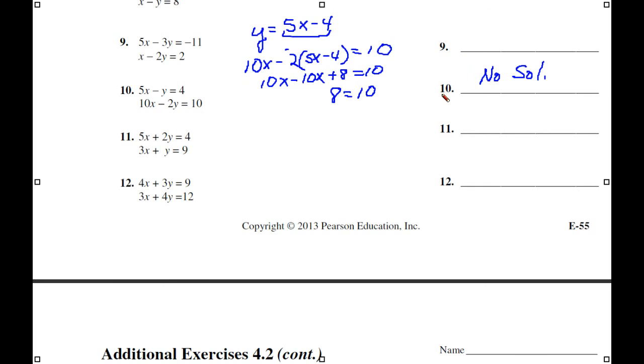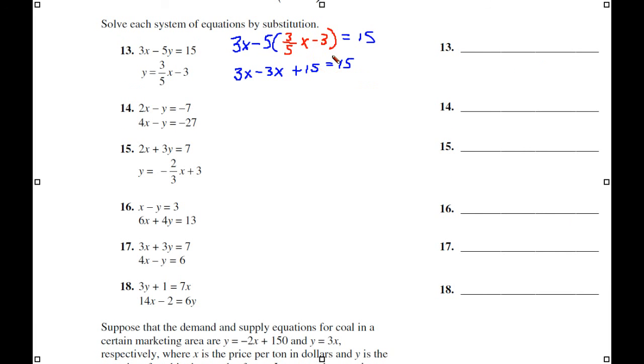Alright, let's go on. Now in number 13, again another little different twist here. Here's my value for y, which I'm going to put right there, and I distribute, and I end up with this. Now notice these, when I group like terms, just cancel out, and I'm left now with this statement: 15 equals 15.